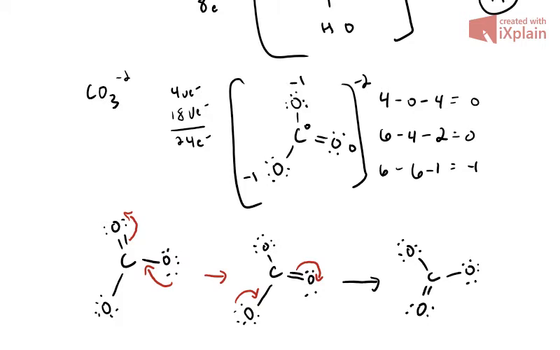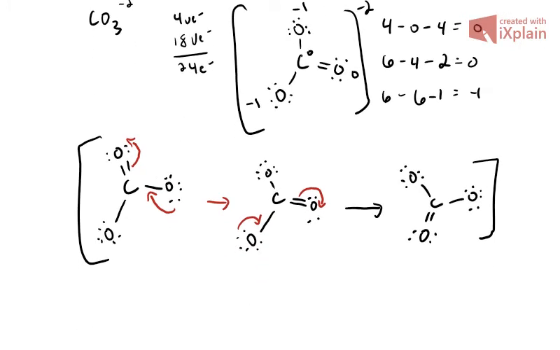So in all reality, these are all resonance structures of each other. Okay, they are still the same molecule. Essentially, you could just rotate that molecule like 120 degrees or something, and it would be the same molecule.